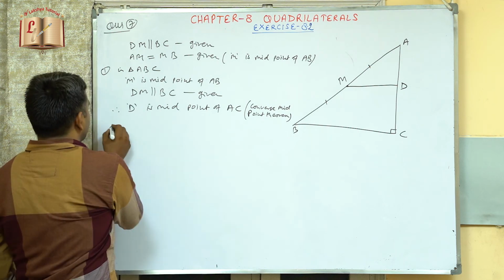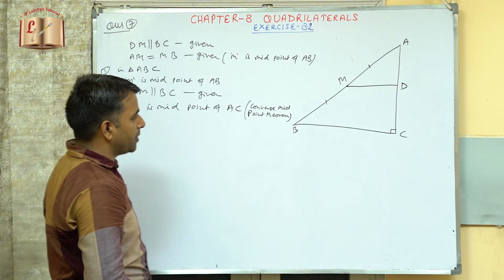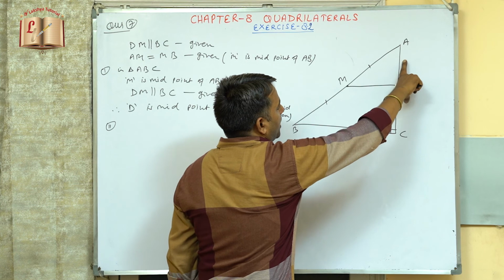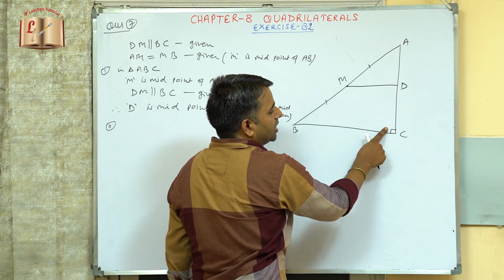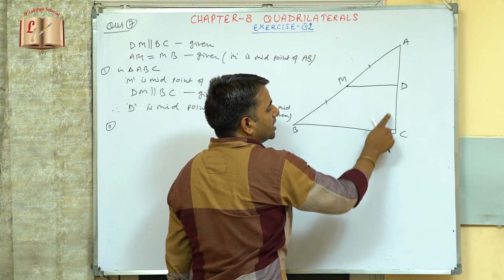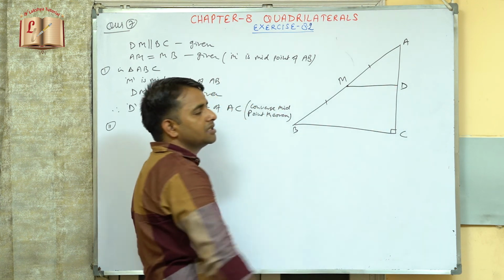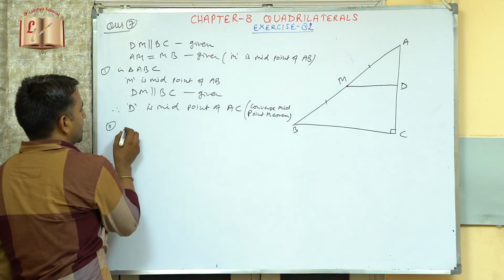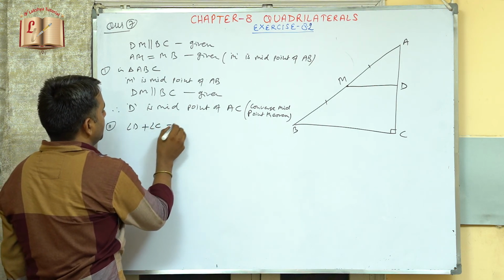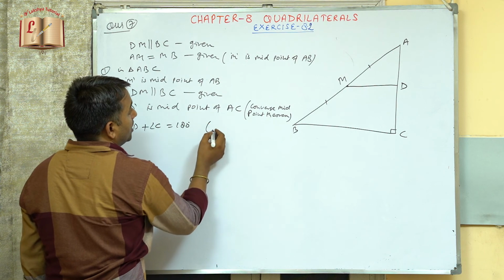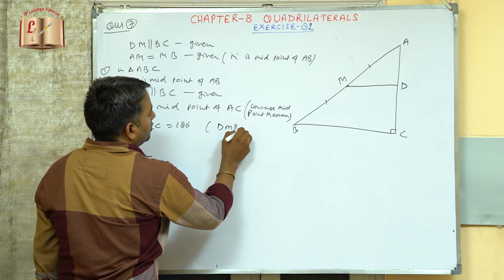Now coming to the second part, we need to prove that MD is perpendicular to AC. Now see that this is parallel to this side and this is already 90 degree. So the sum of interior angles will be 180 degree. Angle D plus angle C will be equal to 180 degree because DM is parallel to BC.